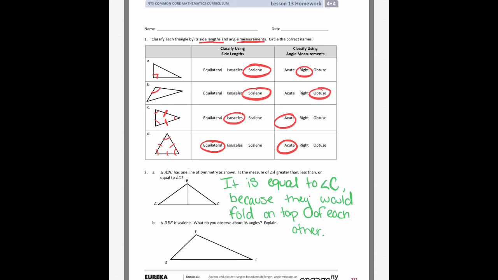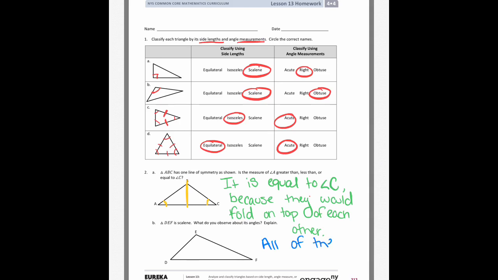Okay, part D says triangle DEF is scalene. What do you observe about its angles? So if it's scalene, and we talked about this today a little bit, well, let's go back. If it's equilateral, all 3 sides are equal, all 3 angles. If it was isosceles, 2 sides were equal and 2 angles are equal.